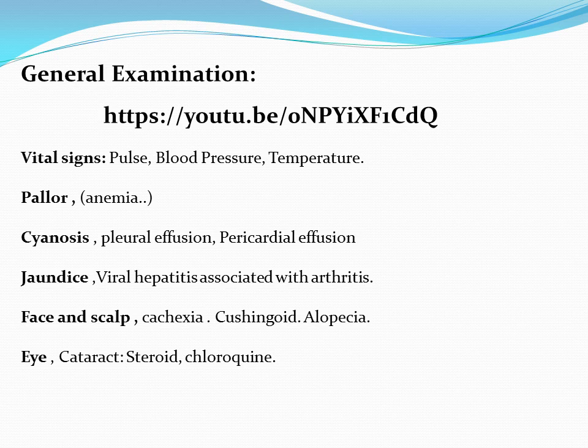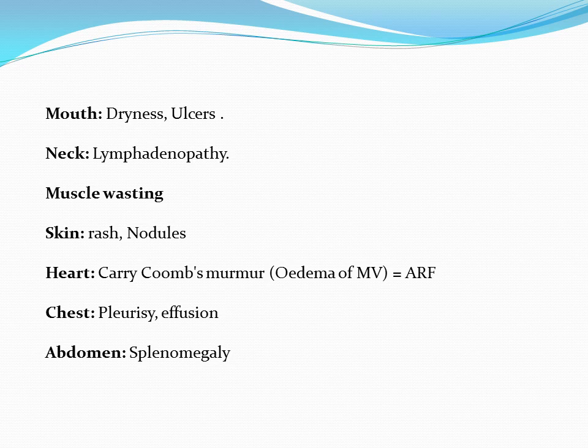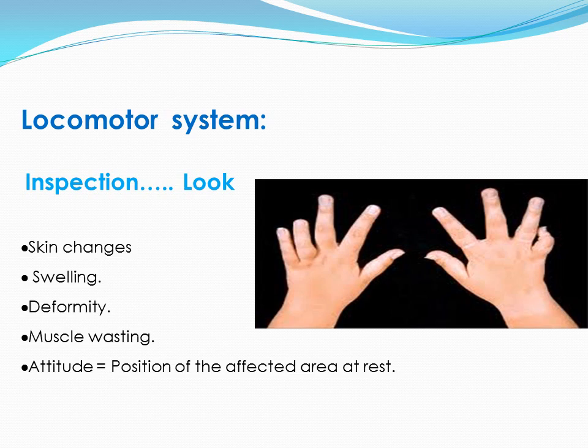We should also examine the eye, especially in cases taking steroid or chloroquine therapy. The general examination should also include examination of the mouth for ulcers, neck for lymphadenopathy, muscles for wasting, skin for rash or nodules, heart for murmurs, chest for pleurisy or pleural effusion, and abdomen for splenomegaly.